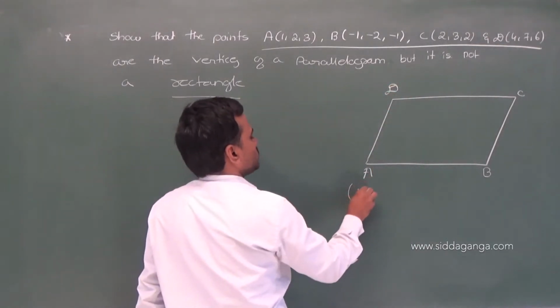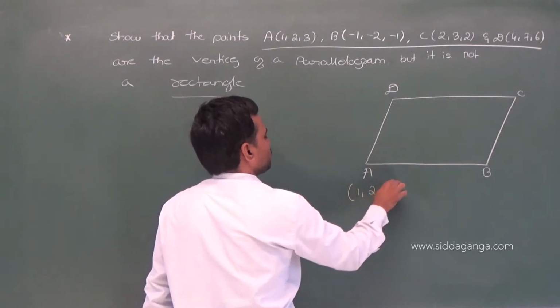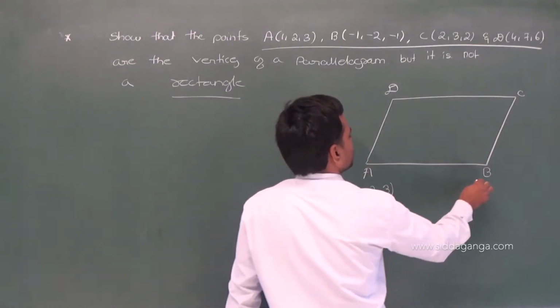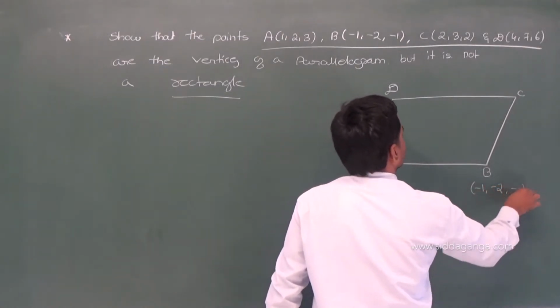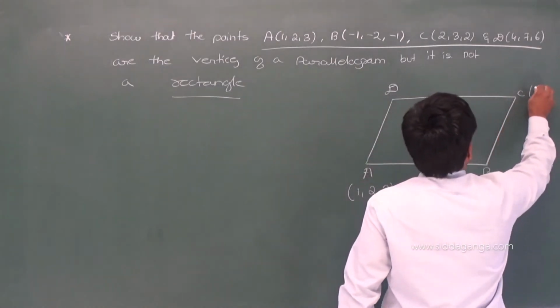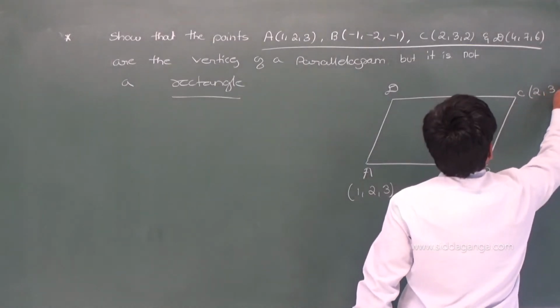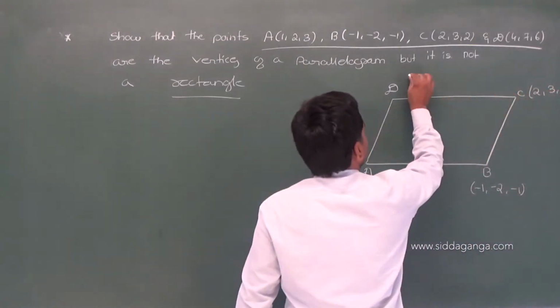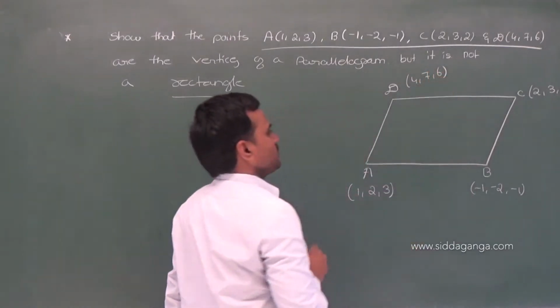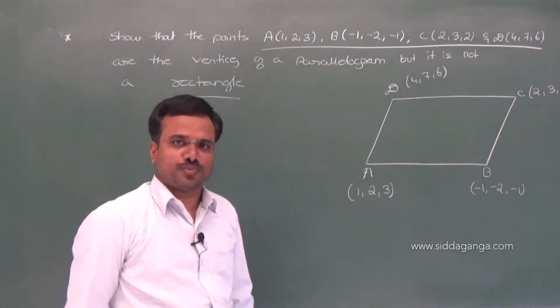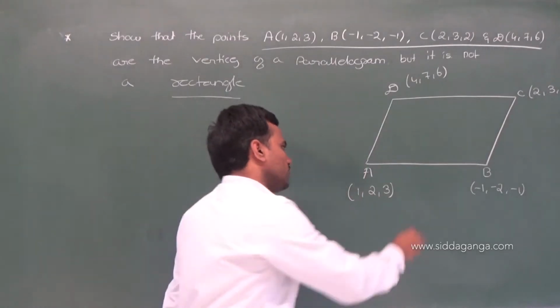So A point is (1, 2, 3). B point is (minus 1, minus 2, minus 1). C point (2, 3, 2). D point (4, 7, 6).